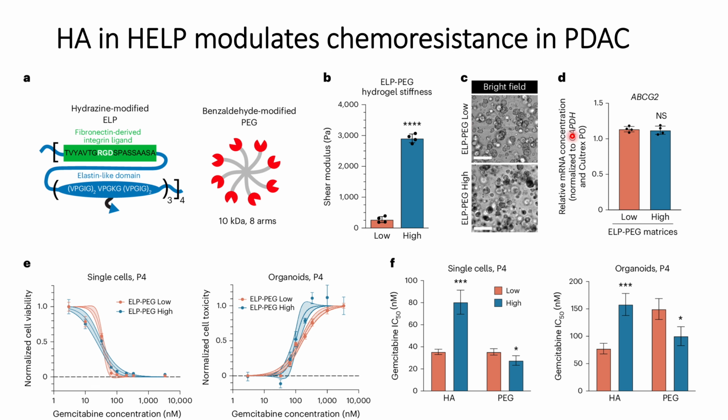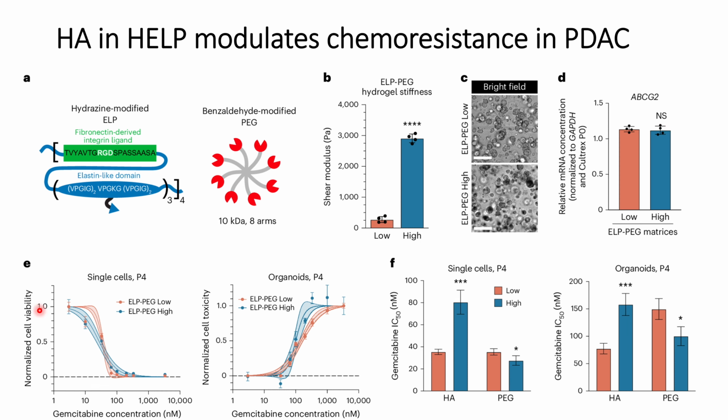And when they checked the expression of ABCG2, they could see that ABCG2 is expressed in both cases, and the difference is non-significant, indicating that this alteration of the HA results in a reduction of these ABCG2 genes in the tumors, and this HA might be the reason that triggers chemoresistance in the PDAC.